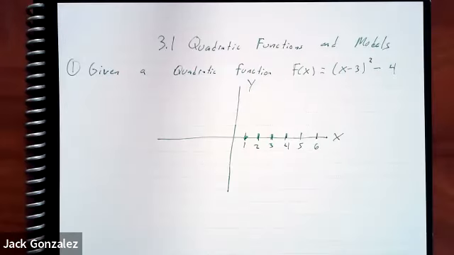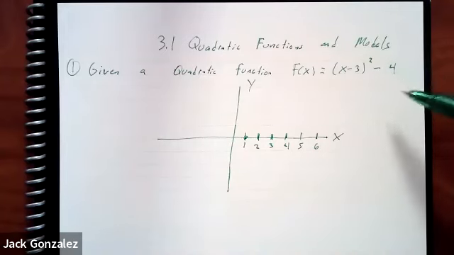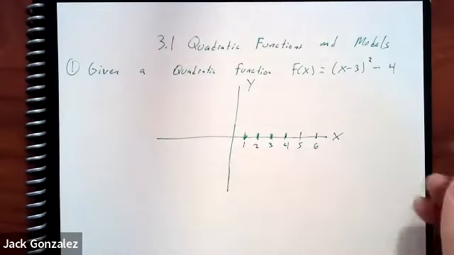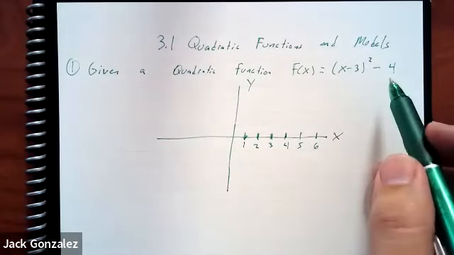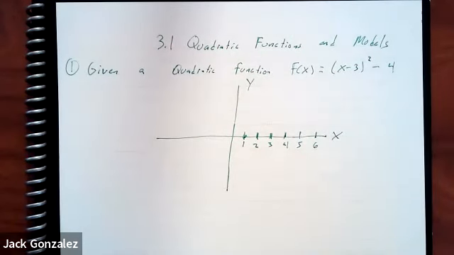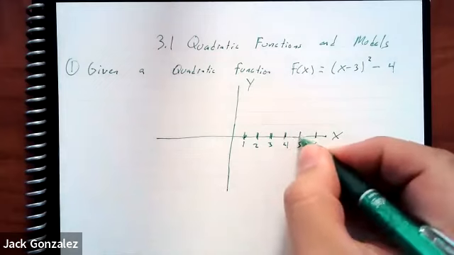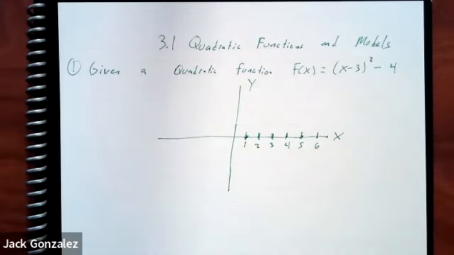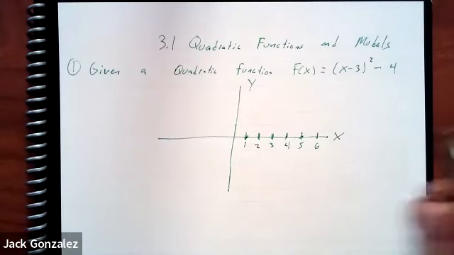I appreciate you though. Okay, so given this quadratic function, I'm gonna go ahead and graph it for you. It has a 0 at 1 and 5. It has a vertex at 3, -4.